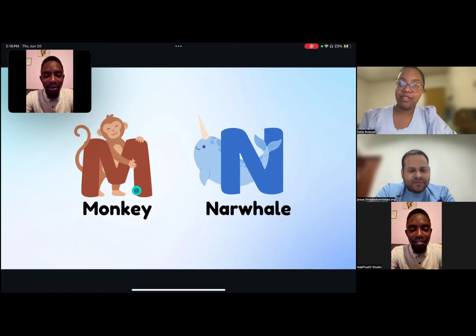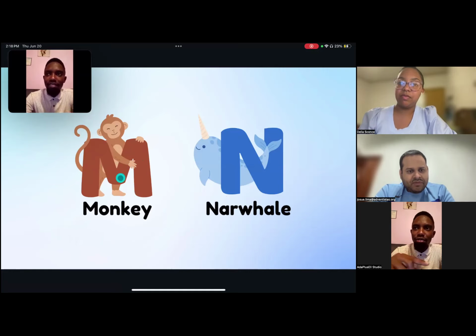And here we have a monkey. This one loves living on the trees, and it loves moving from a tree to another by jumping. And then it has a tail.